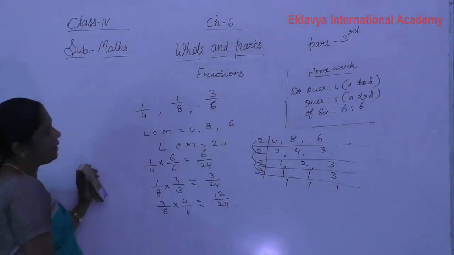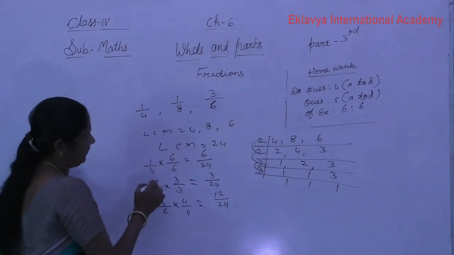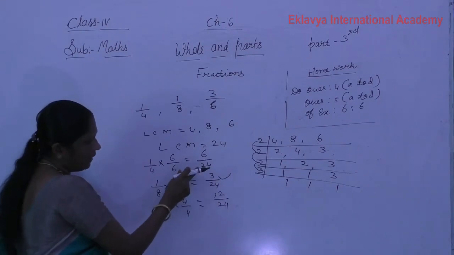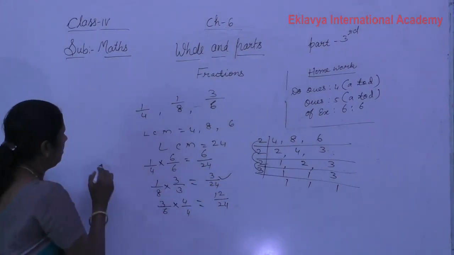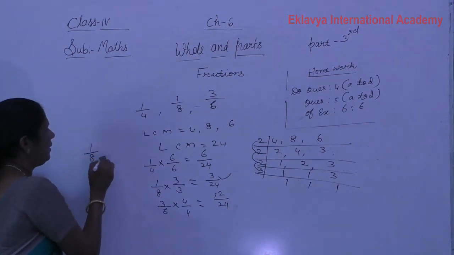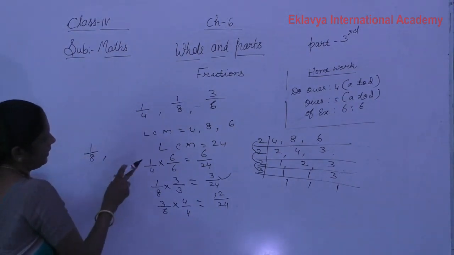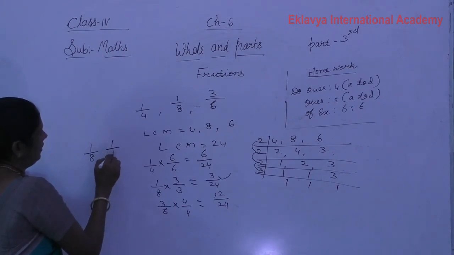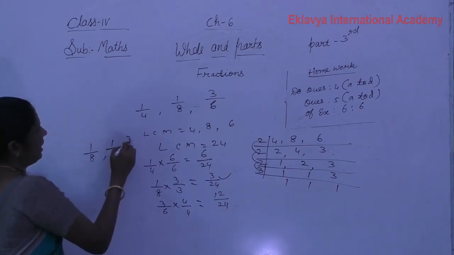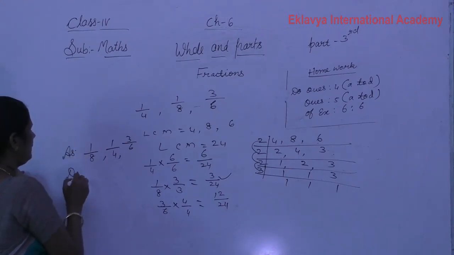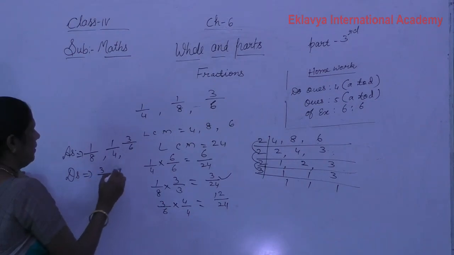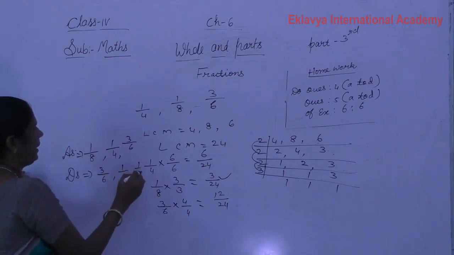In ascending order, which is smaller? This is the smaller. All denominators are the same here. 1 by 8 is smaller than 1 by 4, then 3 by 6. That is the ascending order. Then descending order: 3 by 6, 1 by 4 and 1 by 8.